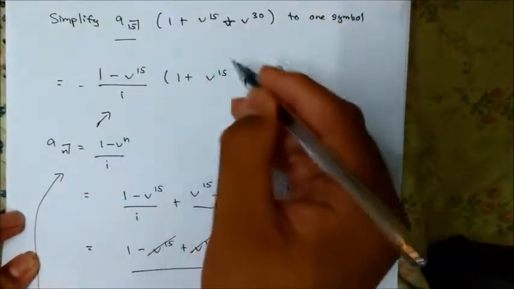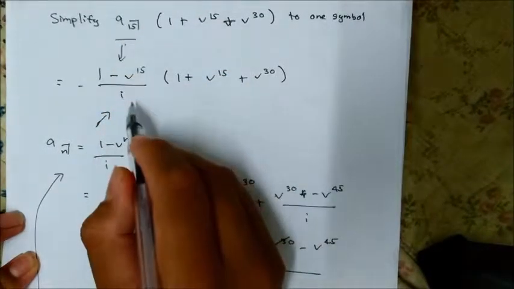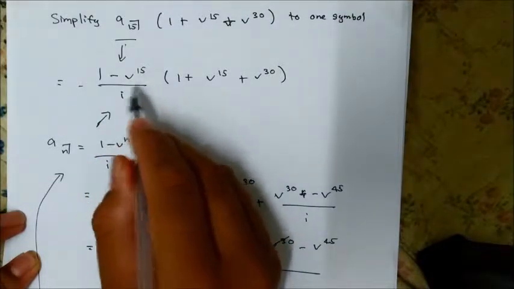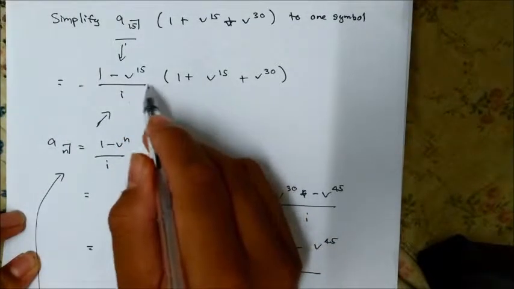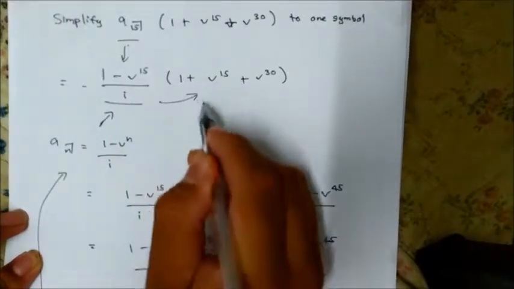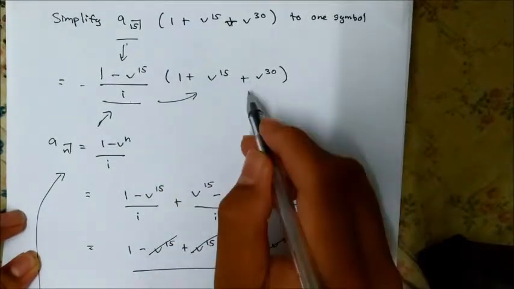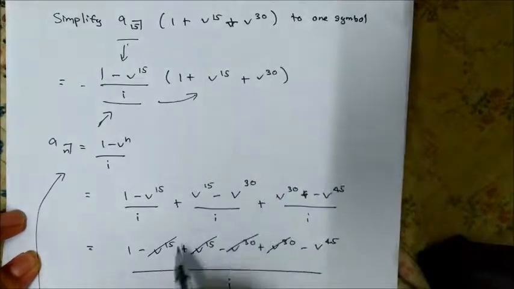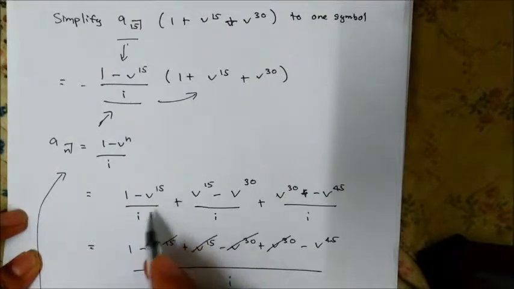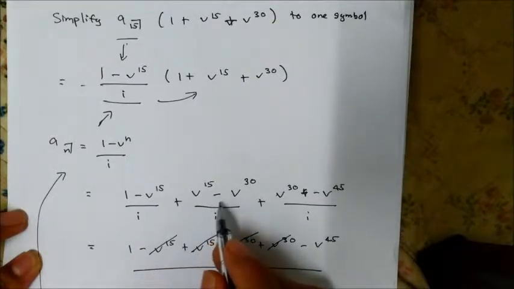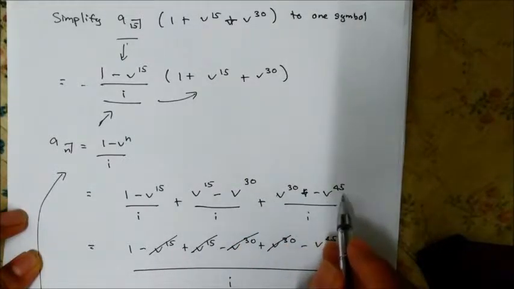We can expand a angle 15 into 1 minus v to the power of 15 over i, and then expand this term with the three terms 1 plus v to the power of 15 plus v to the power of 30. We get 1 minus v to the power of 15 over i plus v to the power of 15 minus v to the power of 30 plus v to the power of 30 minus v to the power of 45.